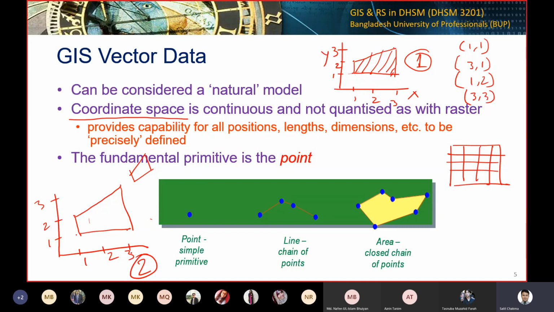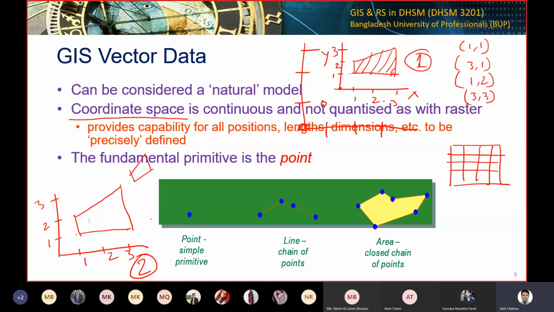And why did it happen? Because coordinate systems 1 and 2 have a difference. In coordinate system 1, 0, 0 starts at this point. But if we compare these two coordinate systems, coordinate system 2 might start from this point. So if we put them in the same plane, it has 1, 2, 3, 1, 2, 3.